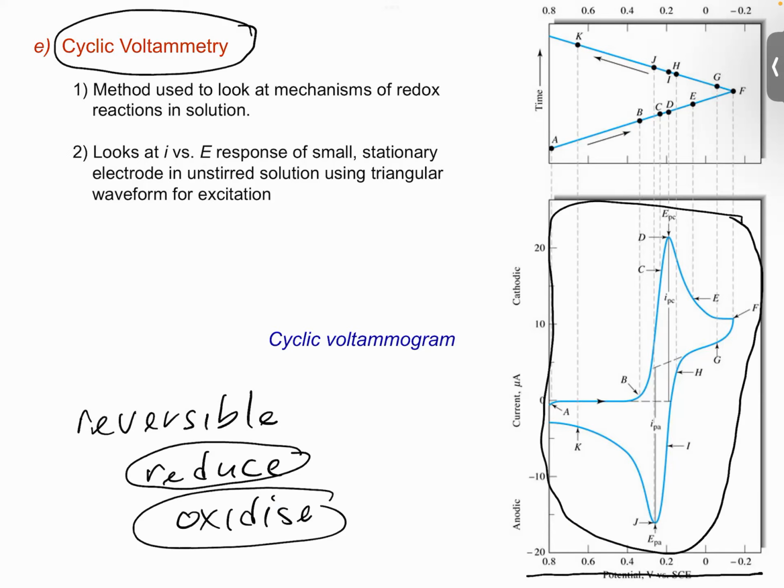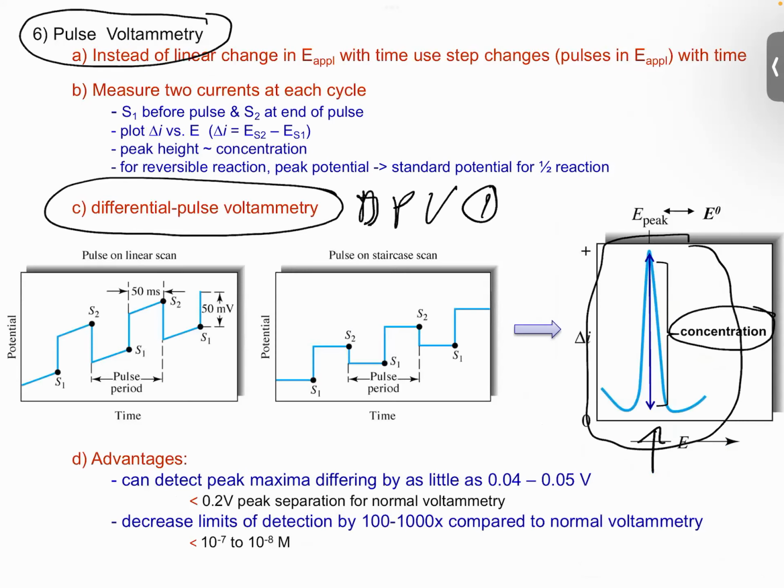If we apply a wrong potential, then it might not happen this way. So usually when we want to study certain analytes, we do a cyclic voltammogram first to identify the process. Is it reversible or irreversible? I will show you an example. I think I have an irreversible process. And then when we need to detect how low you can detect, we use differential pulse voltammetry.